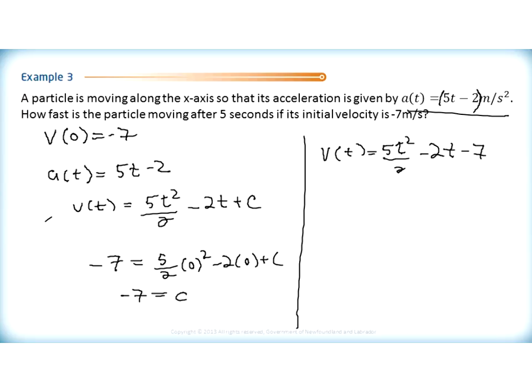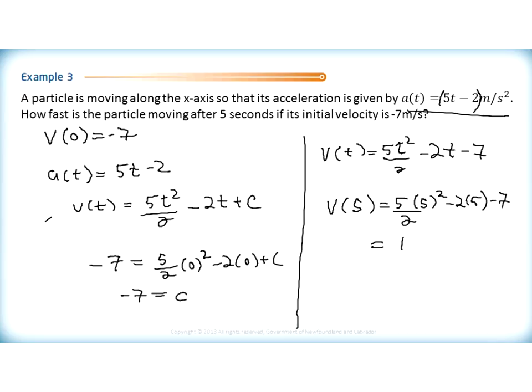So what we have to figure out now is how fast are we moving after 5 seconds? So we want v of 5. It doesn't say which direction, so it doesn't matter if it's positive or negative, I guess. 5/2 of 5 squared minus 2 by 5 minus 7.